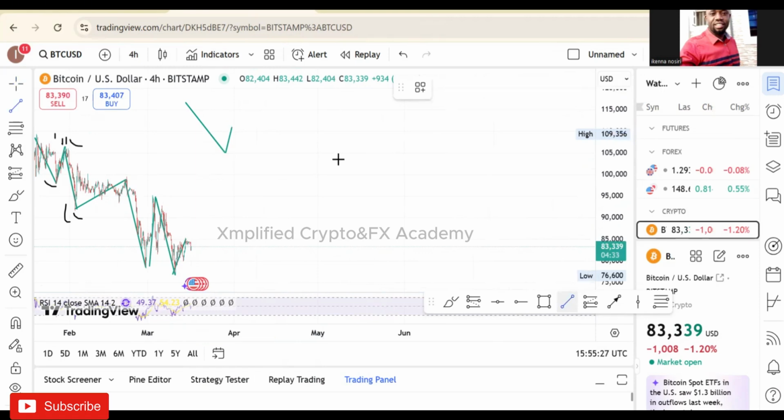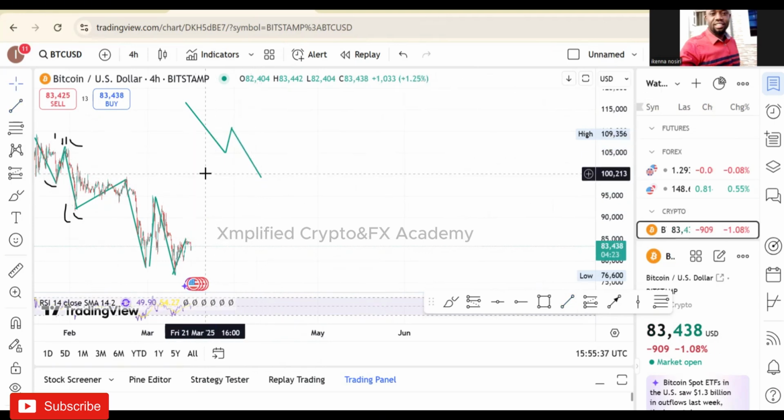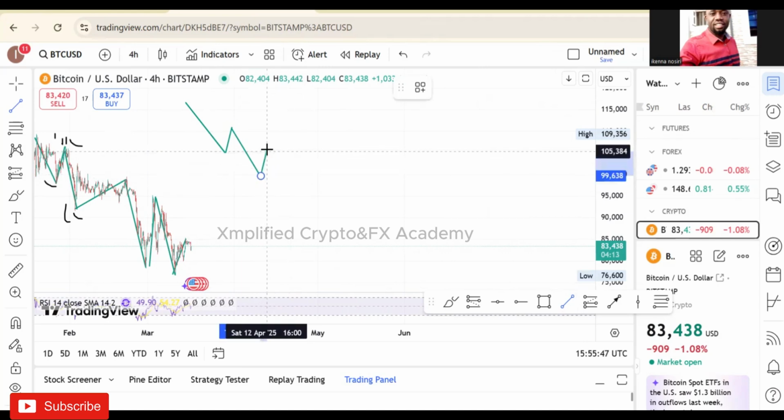So a buy-up happened here, then a retracement happened to this point, which created another lower low. Then a buy-up, a pullback, happened again, but it did not cross this. That is what Bitcoin has been doing.